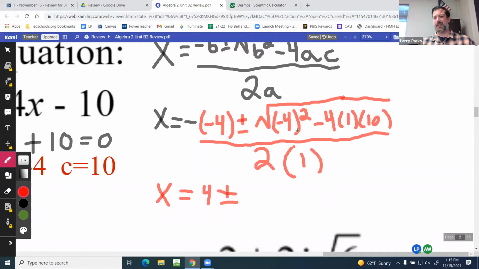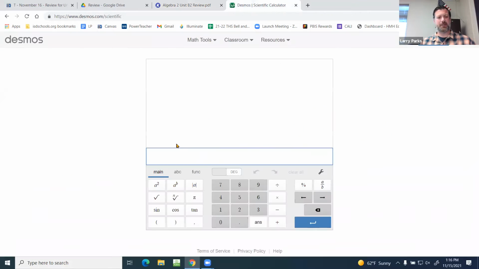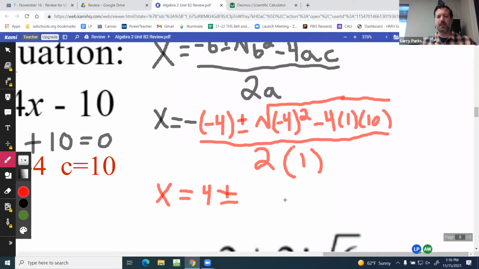You can just type that in, -4 squared minus 4 times 1 times 10. That's -24. So that's square root of -24, which is 16 minus 40. That makes sense, -24. And then 2 times 1 is 2.